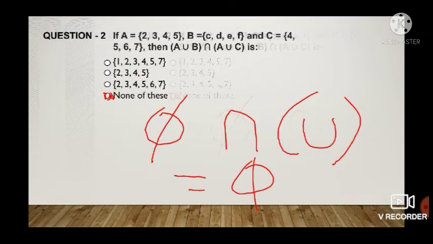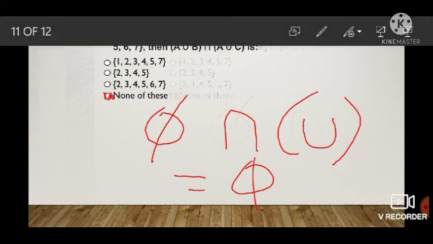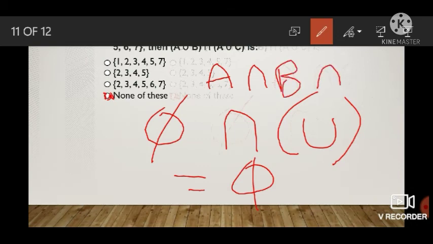Sorry, I have written it wrong. This question is A intersection B intersection A intersection C. I have written by mistake A union B intersection A union C. This is the question, then the answer will be none of these.